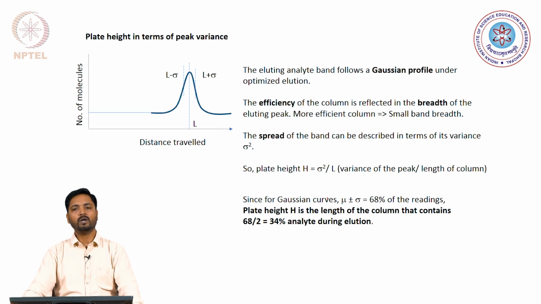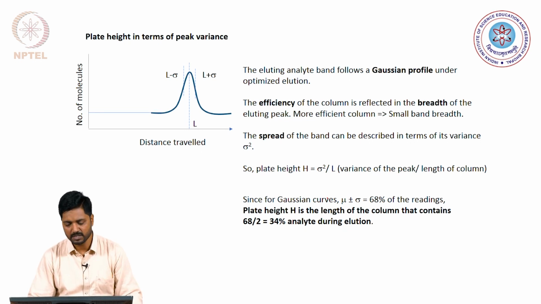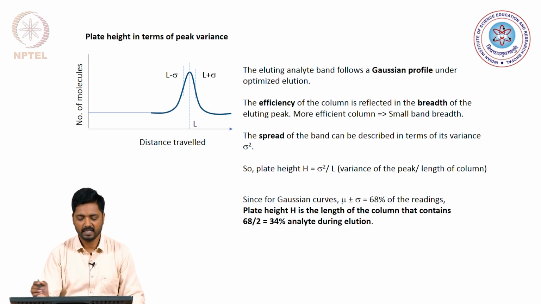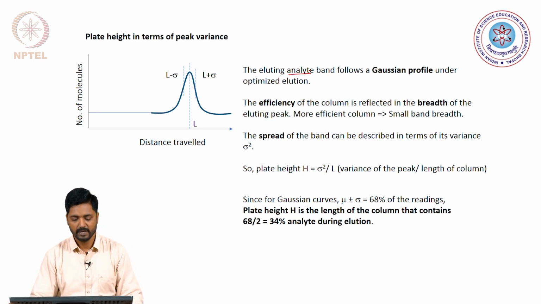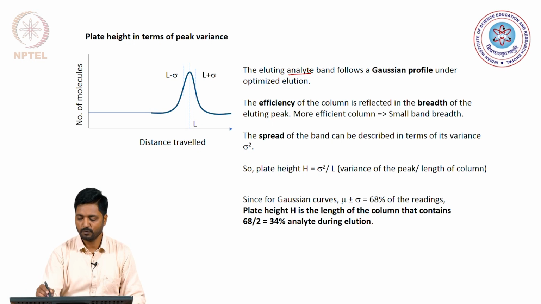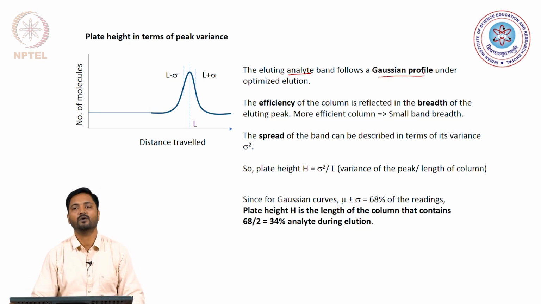What you need to notice, and here we come back to the concept of the Gaussian error profile, which we apply to the chromatographic separation, is that the analyte that elutes out of the column gives a Gaussian profile under optimized elution conditions.